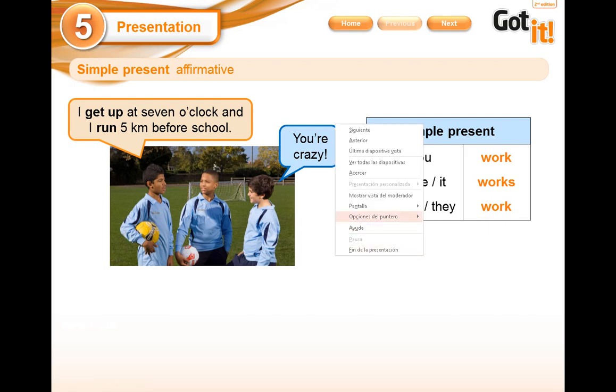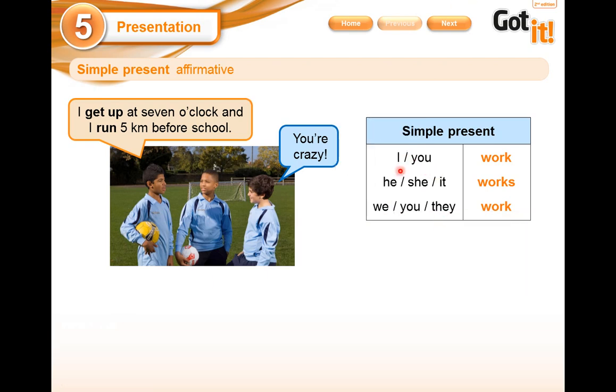Just give me a moment. Okay. With the personal pronouns I and you, that is the first person and second person, we always have to use verbs without s. Just the same verb, the base form, no changes here.